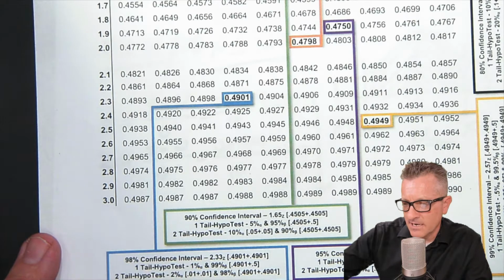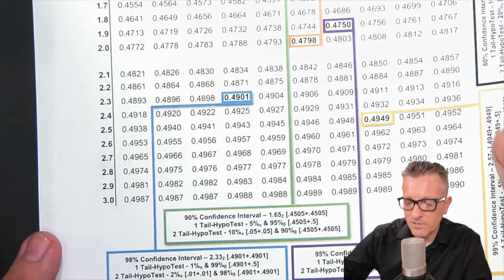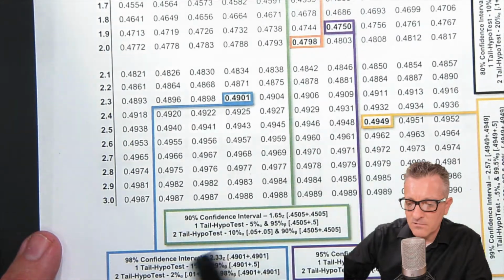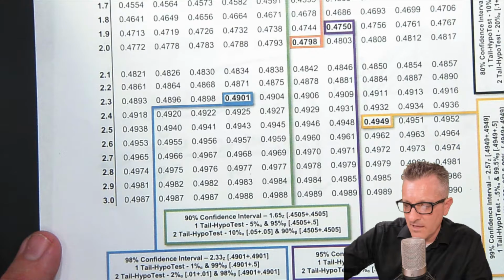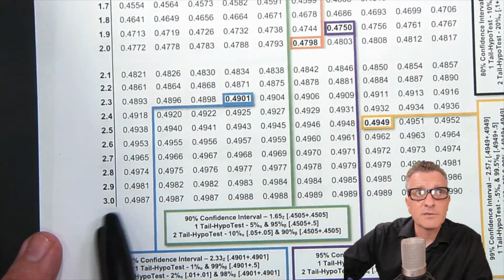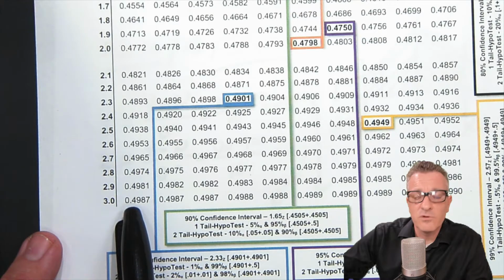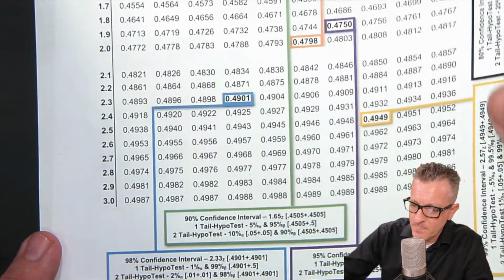This is my annotated alternative table, and in the future I'm going to explain how we use these other boxes, the annotated parts that I added. So 3.0 is all we're looking for. So our answer is going to be 0.4987. Remember that.